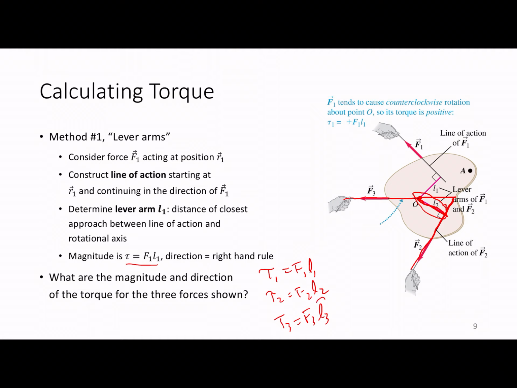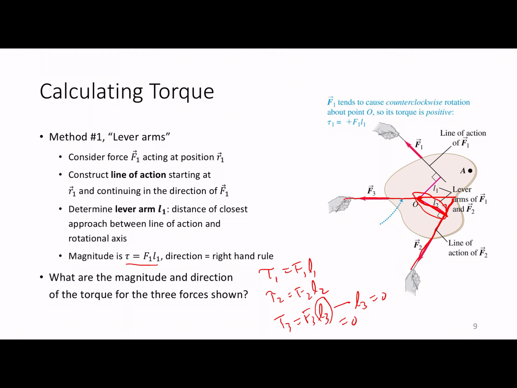And so that means that the lever arm, that minimal distance, is just 0. So my torque is 0 for force 3. Forces that are parallel to the radius give 0 torque. And now let's talk direction. So the direction of F3 is ill-defined because it's 0. Let's talk about F1 and F2.